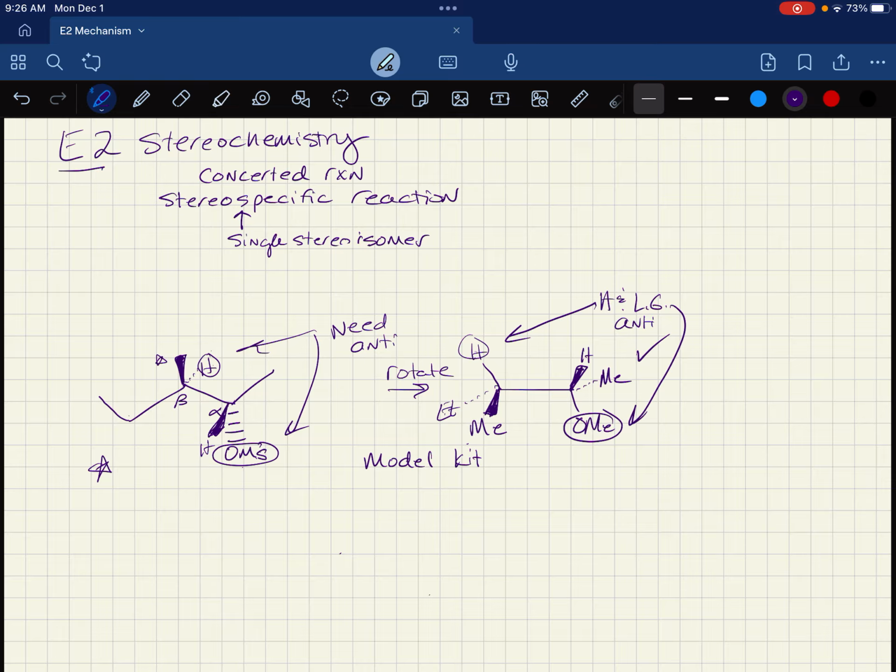So for this particular one, I'm going to use NaOCH3, which is sodium methoxide. And whenever we see sodium, of course, we're going to remember that that's going to be a spectator cation. And then this will be the methoxide, excuse me. So that's going to be our base that's present. So I'm going to draw this over here.